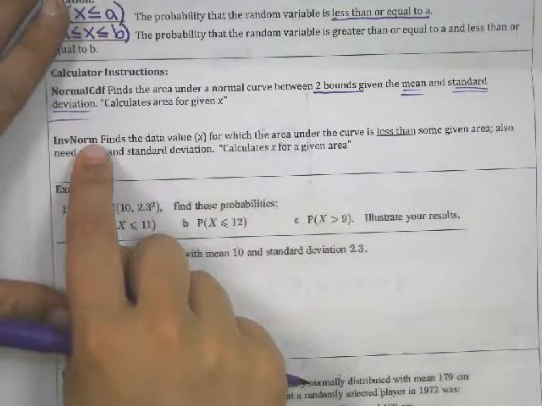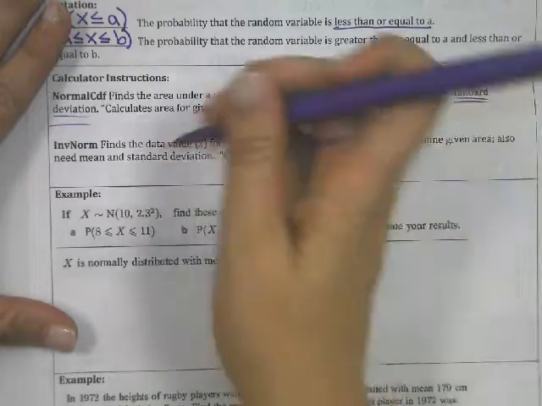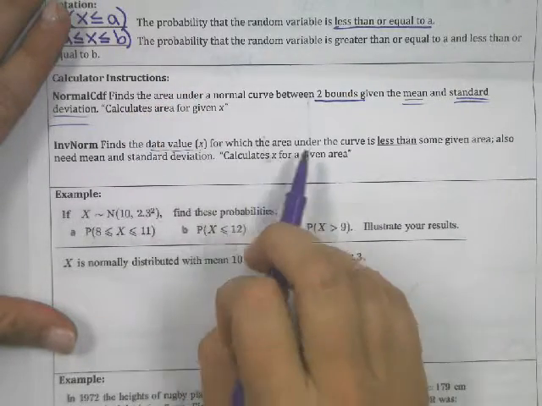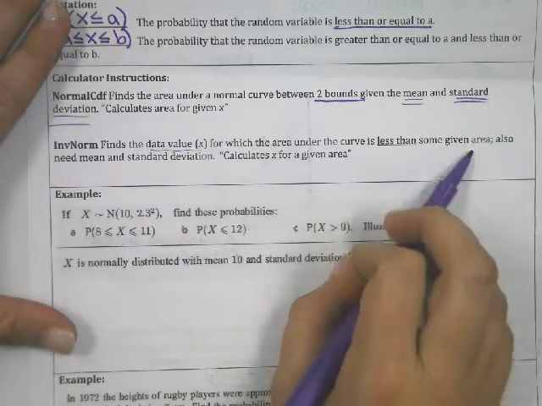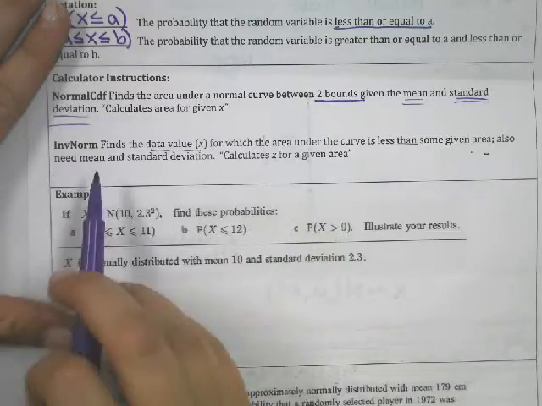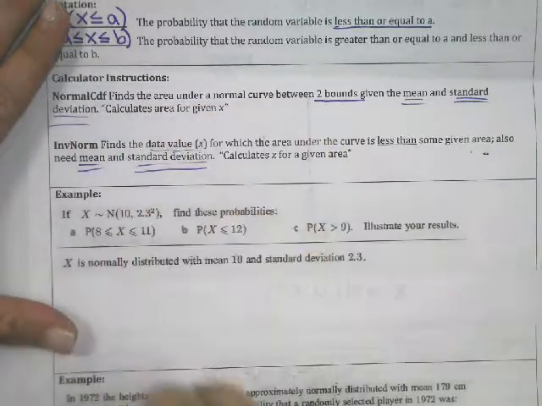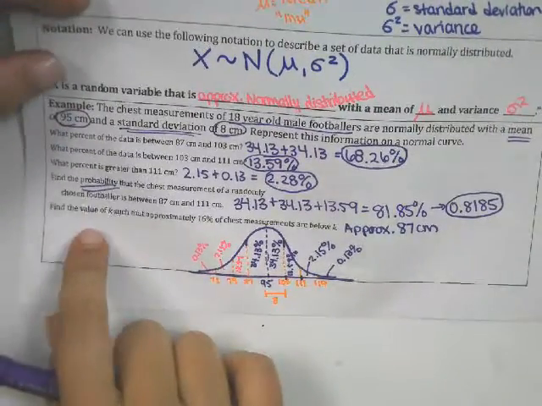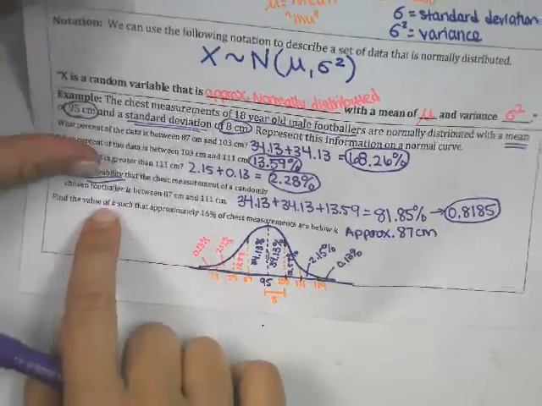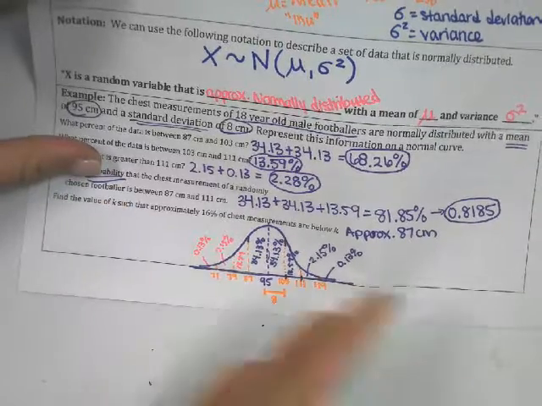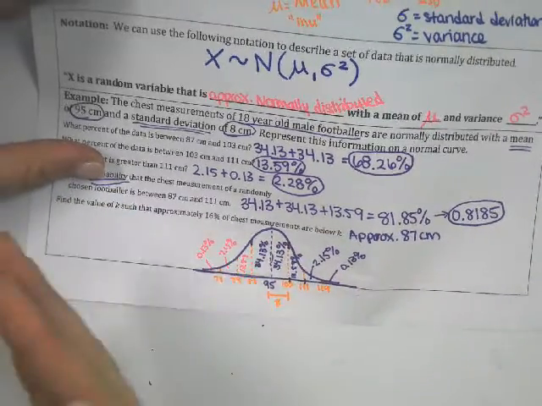Inverse normal, invNorm, finds the data value x for which the area under the curve is less than some given area. Also need mean and standard deviation. So this is more like the last question here. It finds the k value where there's a certain percent that's less than that.